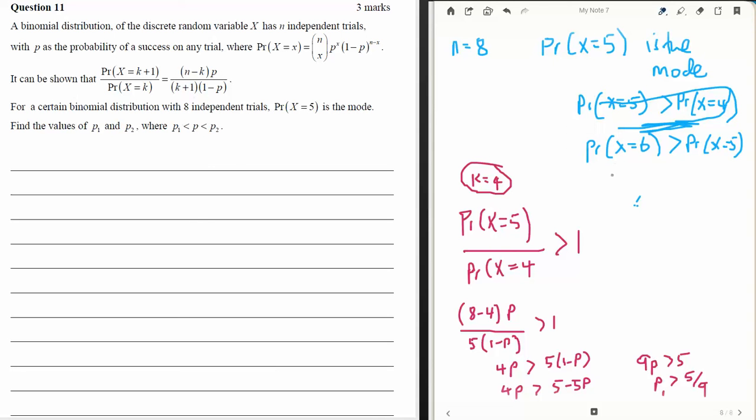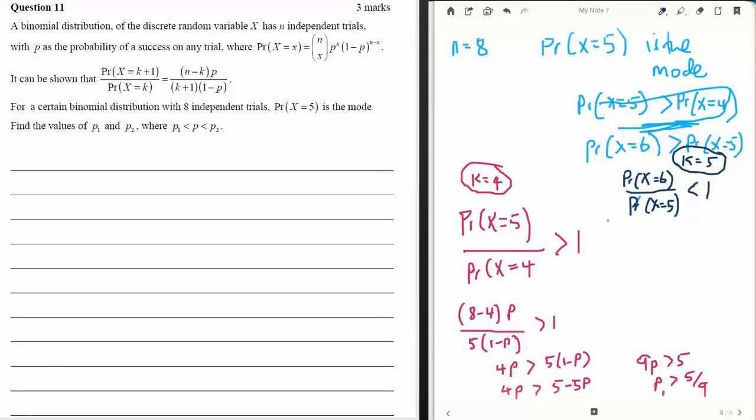Okay, second situation. I'll put the probability that X equals 6 over the probability that X equals 5, and that has to be less than 1 because the probability of X equals 5 is the mode. Therefore k equals, in this case, 5.